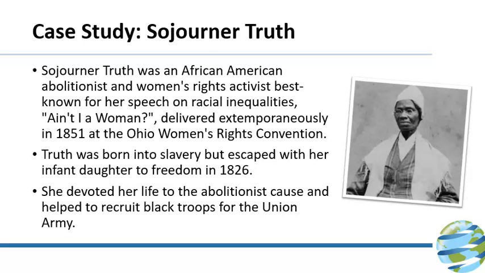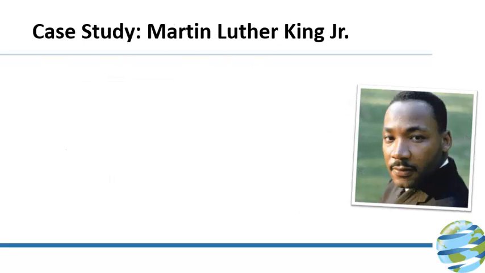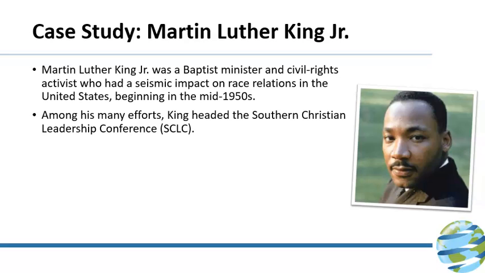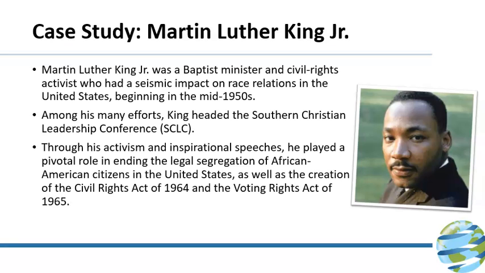Perhaps one of the most well-known civil rights activists is Martin Luther King Jr. He was a Baptist minister and civil rights activist who had a seismic impact on race relations in the United States beginning in the mid-1950s. Among his many efforts, he headed the Southern Christian Leadership Conference, which is a group known as the SCLC.